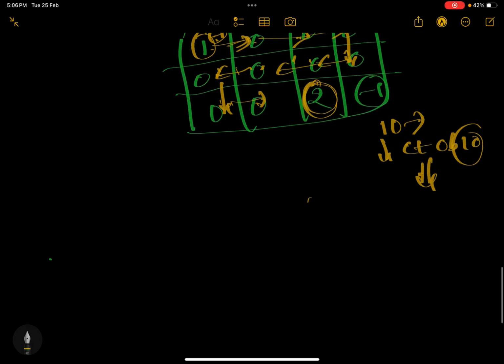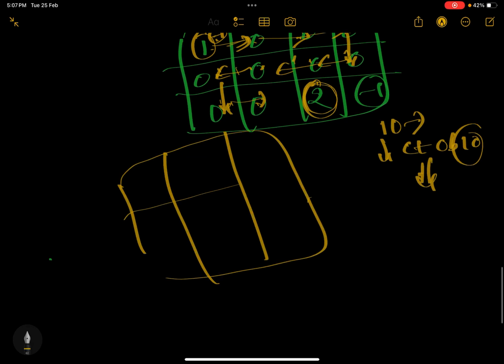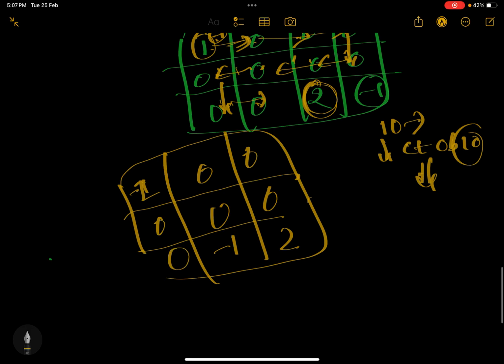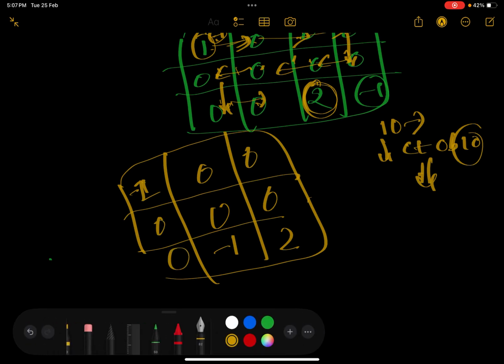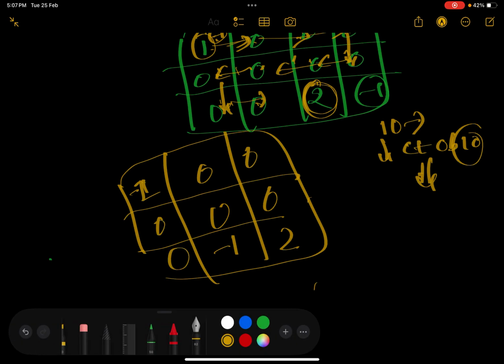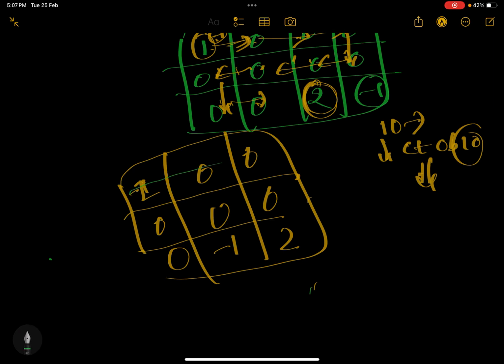And what can the second path be? Like this is 1 0 0 0 0 -1 2 0 0. You can go like this, you can go like this.